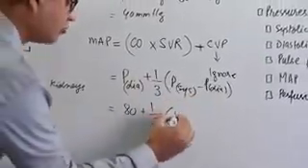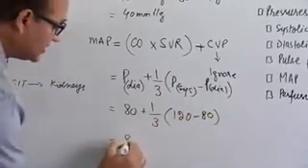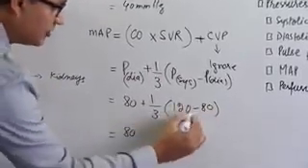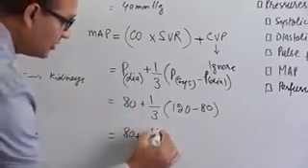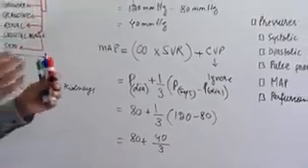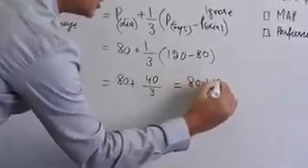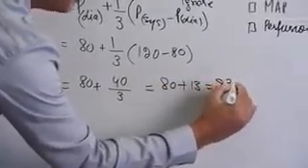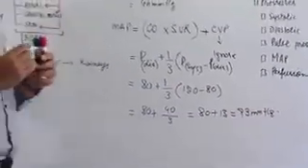What is the difference between them? 120 minus 80, which is 40. So this would be 80 plus 40 by 3. 40 by 3 is roughly 13.3. So 80 plus 13 is 93 millimeters of mercury. That is the mean arterial pressure.